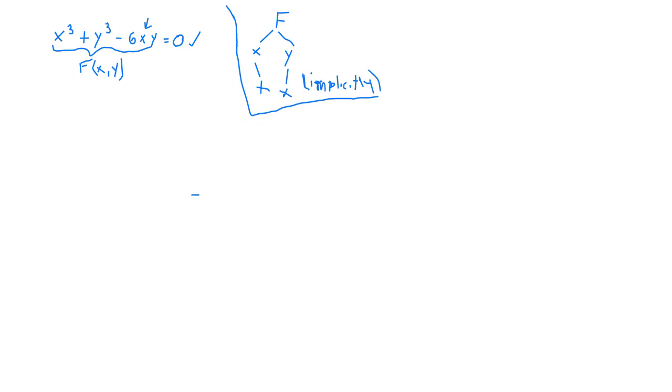All right. So what I'm going to do is take the partial derivative with respect to x of, hold on, I want to do one more thing here before I do that.